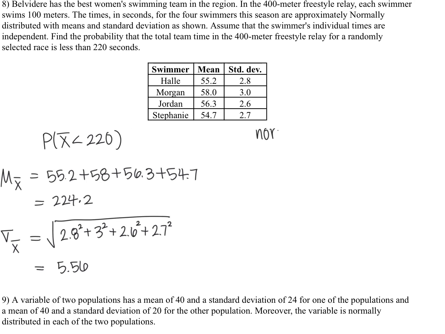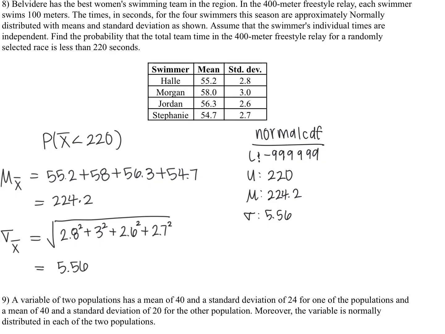So the lower bound is going to be negative 1E99. Upper bound is the 220. Mean is 224.2. Standard deviation 5.56. And we get 0.225.